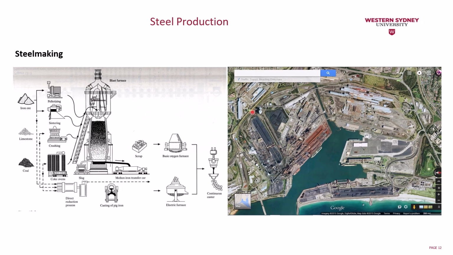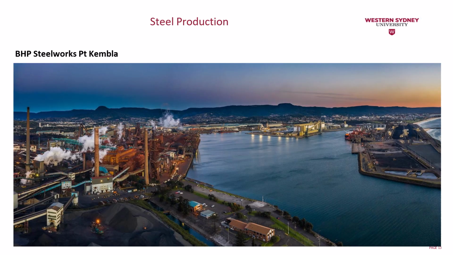It comes by train, and then it's taken through the iron making and steel making, and then the products will be exposed. Some of the iron here is either shipped to the area, or is only prepared for export. So this is the BHP steelworks in Port Kembla overview.